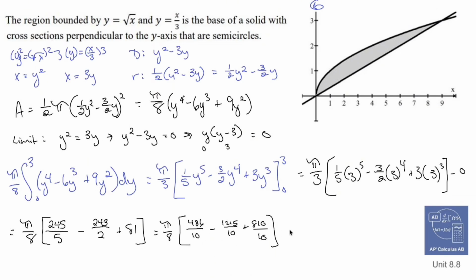Adding these three fractions up is going to get me 81 over 10. And multiplying these two together is going to get me 81 pi over 80. Yuck.